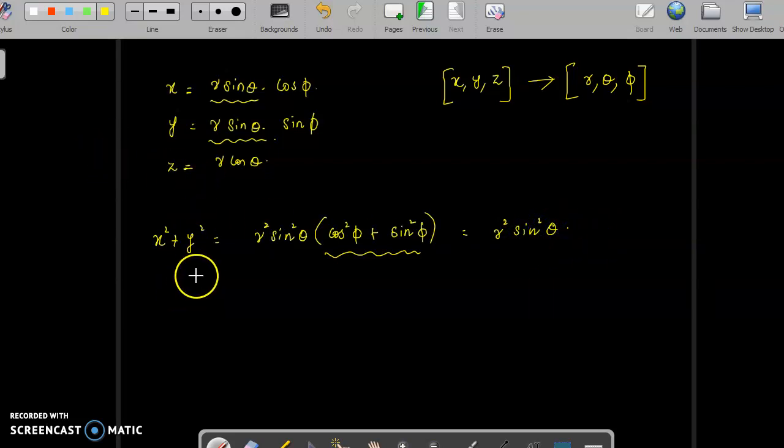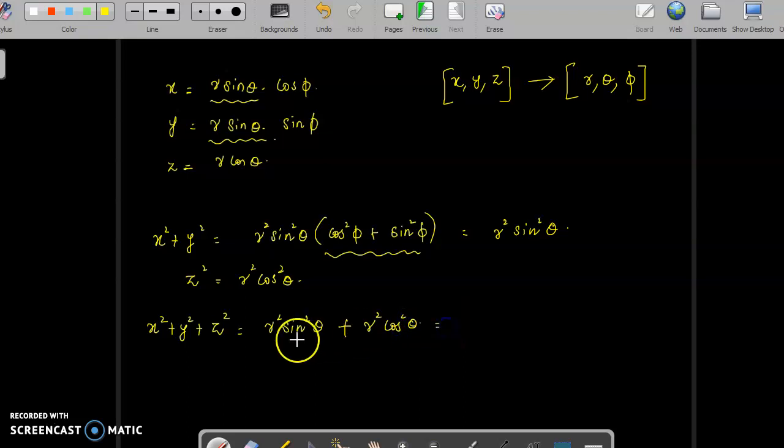Now what is z square? Z square is r square cos square theta. Now let us add all these three: x square plus y square plus z square. So x square plus y square is r square sine square theta, plus z square is r square cos square theta.